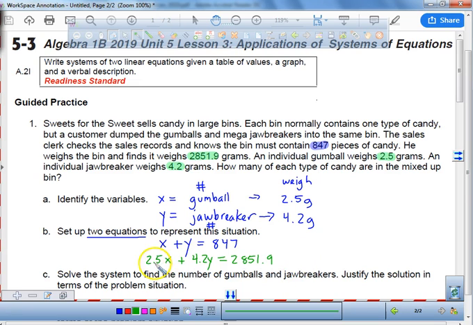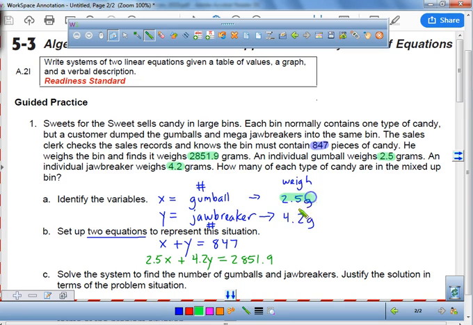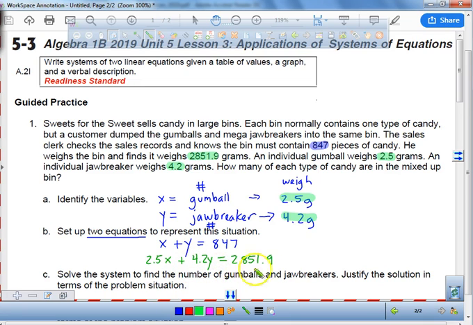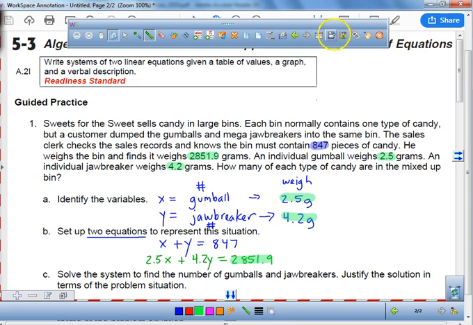Now, what did I put in front of the x and the y? I put how much they weighed. Each gumball weighs 2.5, each jawbreaker weighs 4.2, and together, when you add their weight, we get a total of 2,851.9.